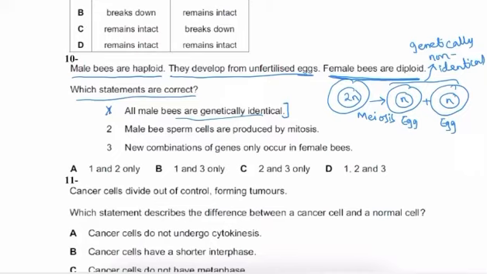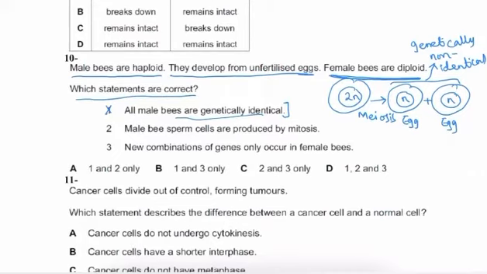Let's move towards the point number 2. Male bee sperm cells are produced by mitosis, obviously, because the male bee cells are haploid, and then they can only undergo mitosis. This is a true statement, right? So how are the female bees produced?